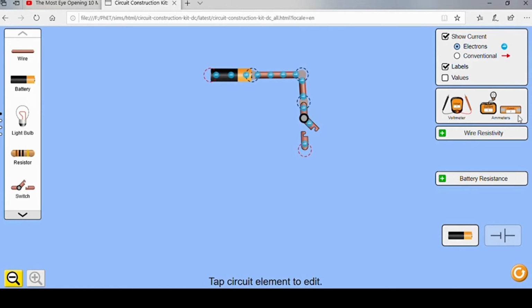Then I'll connect our ammeter. It looks very different from the one that we have in the book, but it's the same instrument. No need to worry. Then I'll connect a connecting lead there, and I'll connect our bulb, and connect another connecting lead.